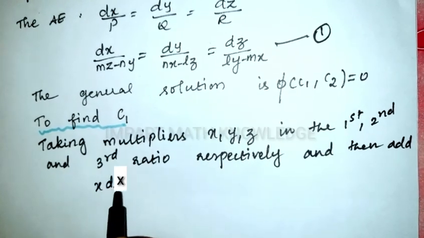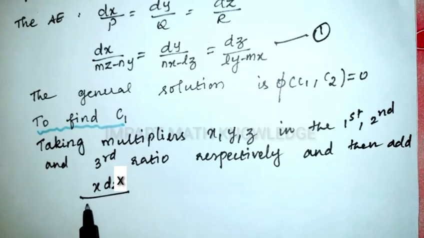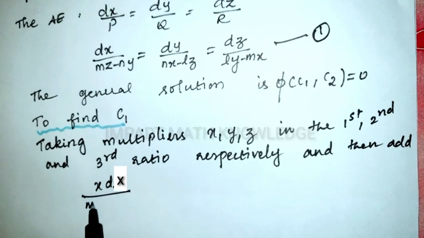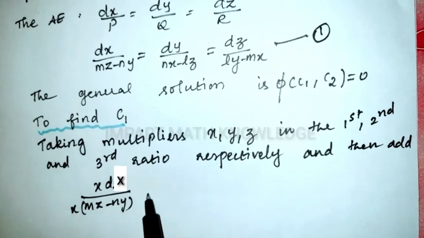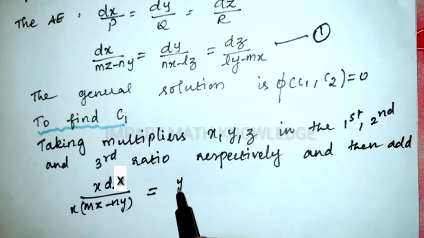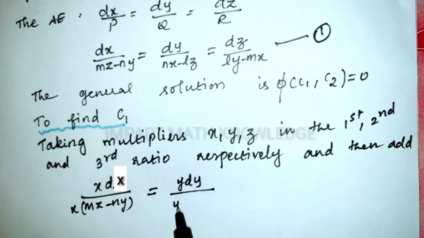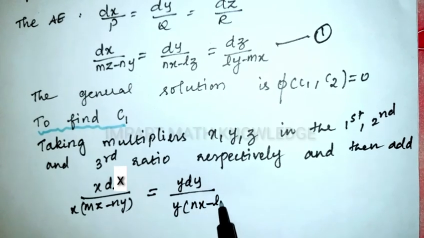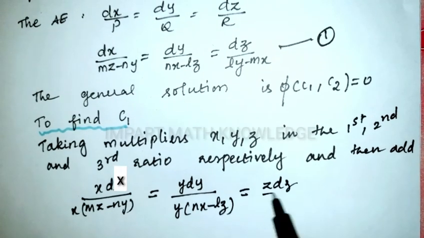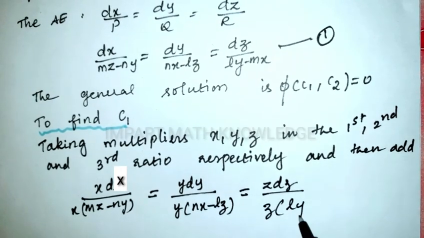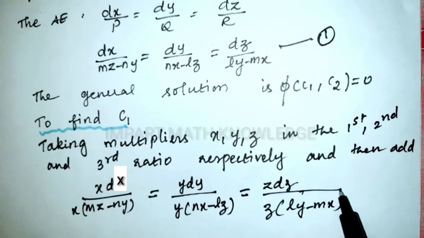The first ratio is x dx by x(mz minus ny), the second ratio y dy by y(nx minus lz), and z dz by z(ly minus mx).